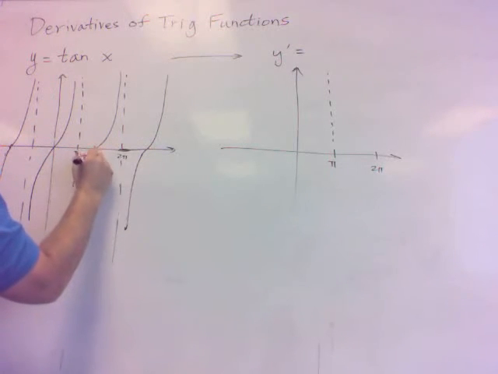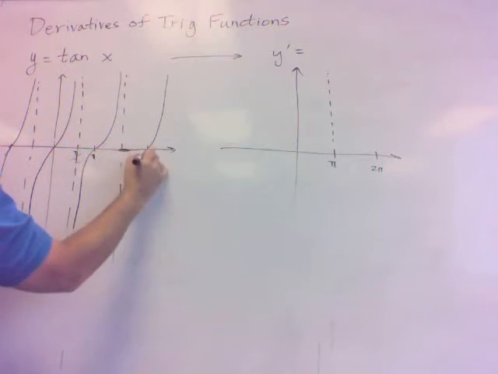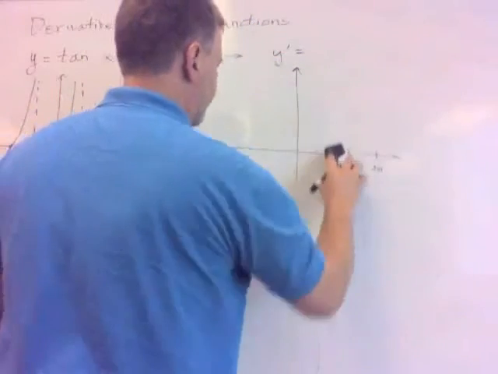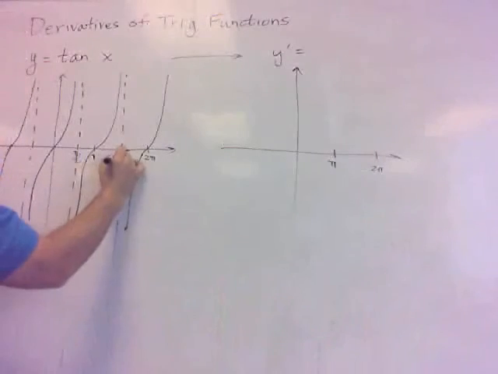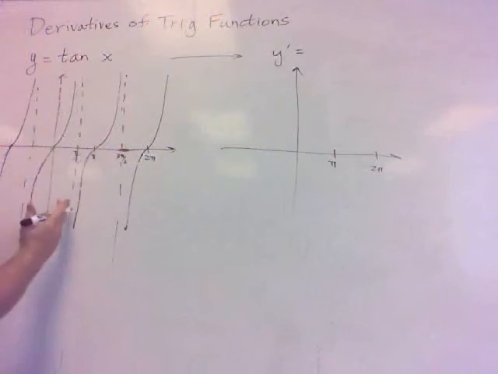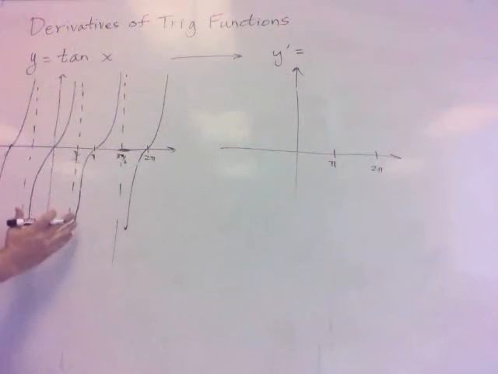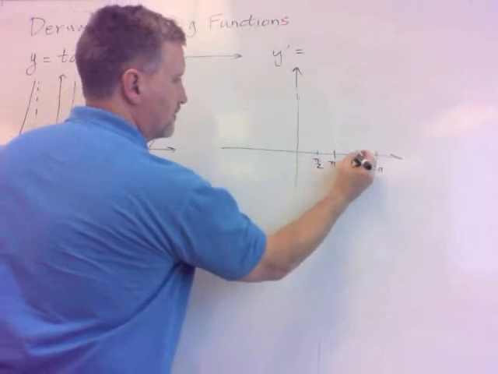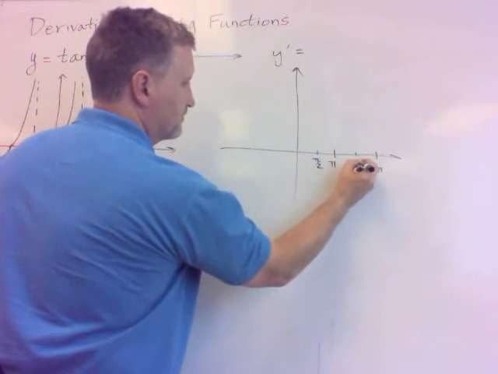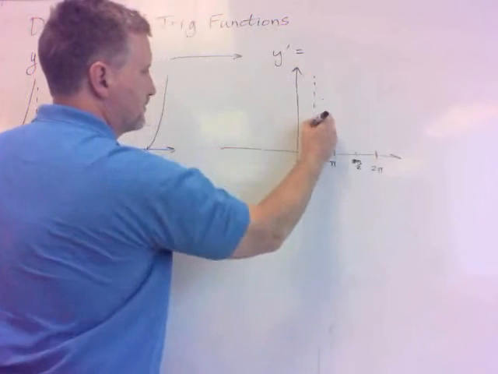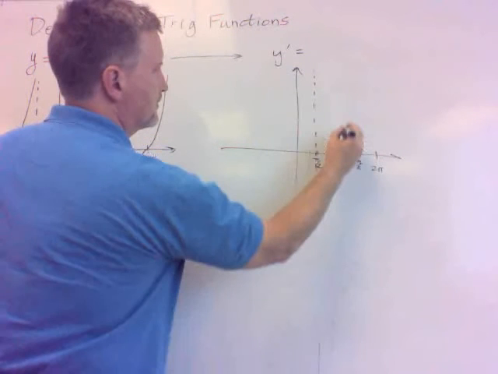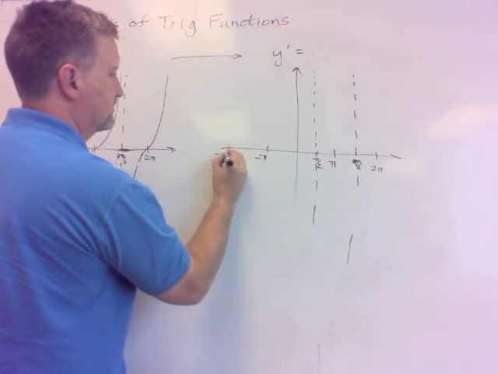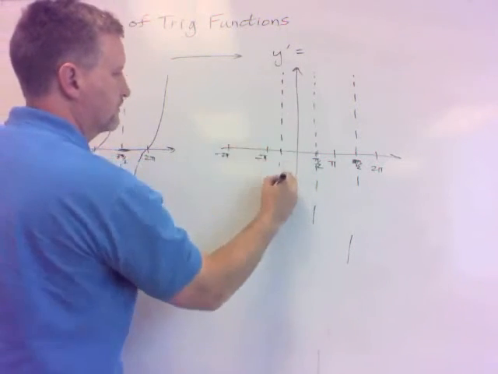These are at pi's. So at the pi over 2's, we've got a break in the graph, so you don't have a derivative either, so you do have these vertical dotted lines in there at the pi over 2's.